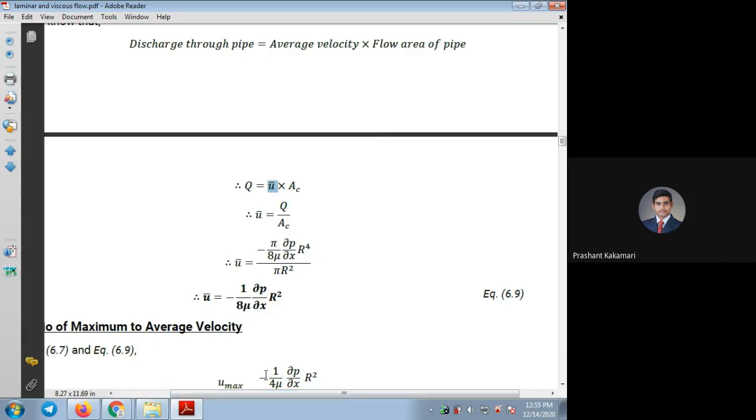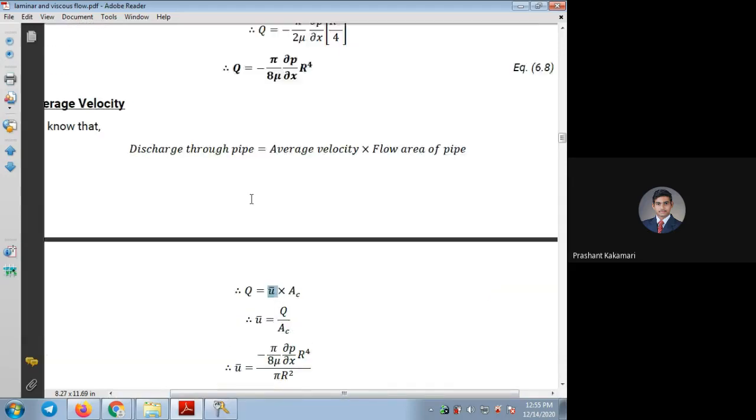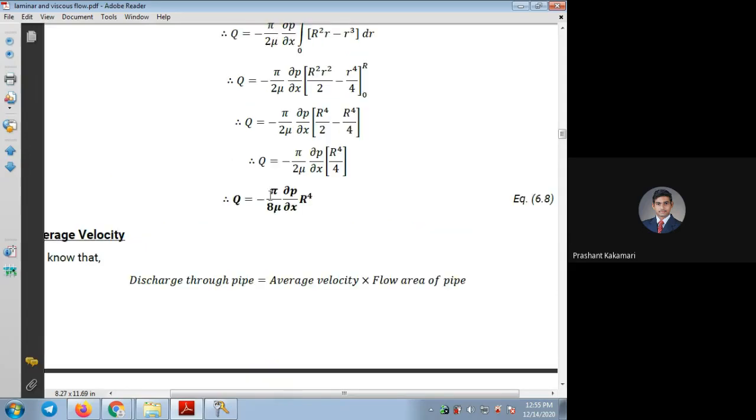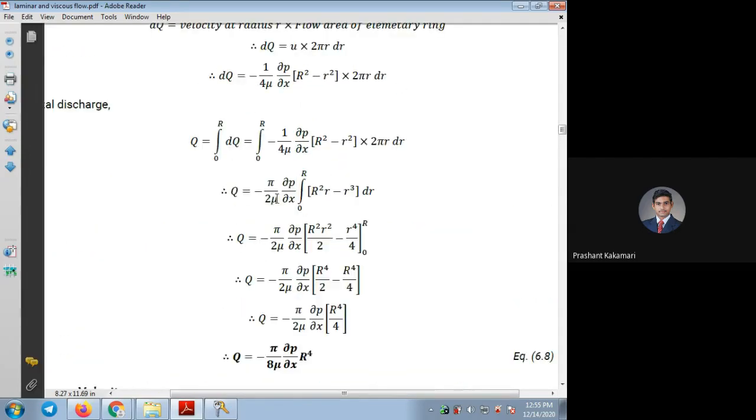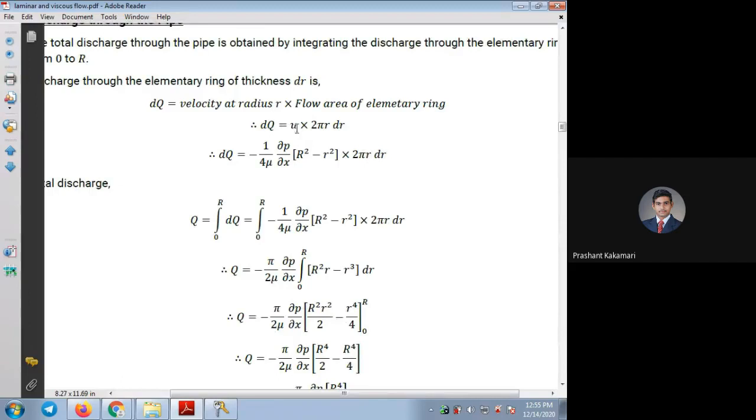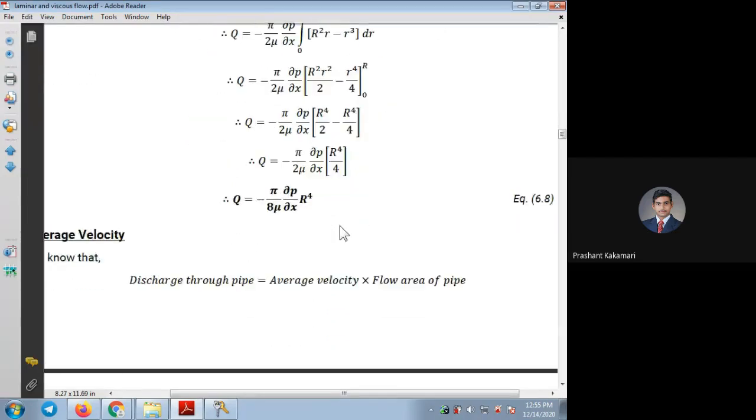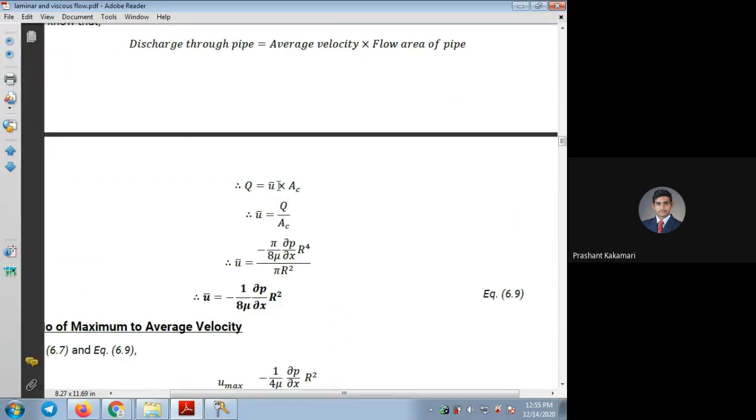Earlier, whatever terms we took were for the normal velocity between 0 and capital R. But here, to find the average velocity, we ask at what point the velocity will be average.